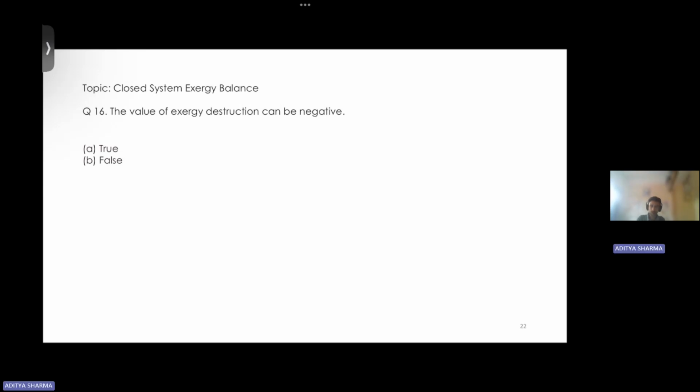And exergy destruction is derived from entropy production only. So when the statement says that the value of exergy destruction can be negative, that cannot be possible and is a false statement. Correct? So moving on to the next question.